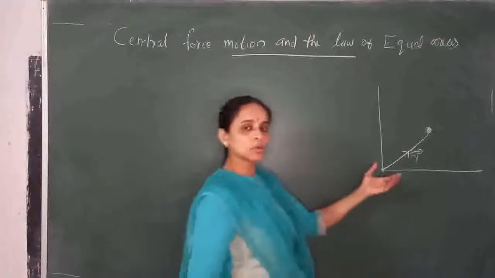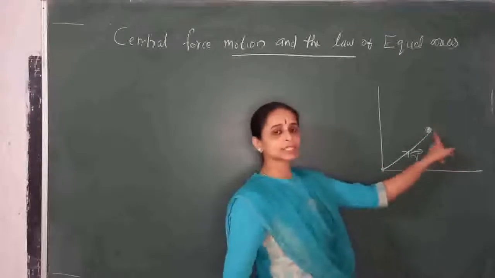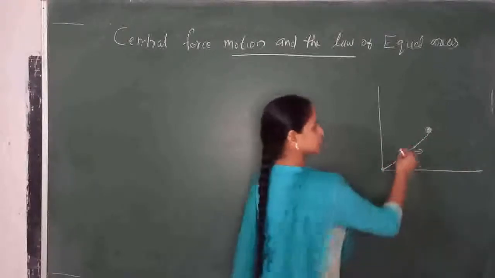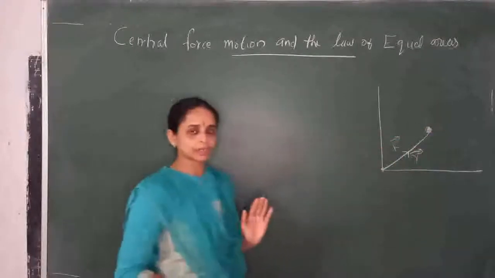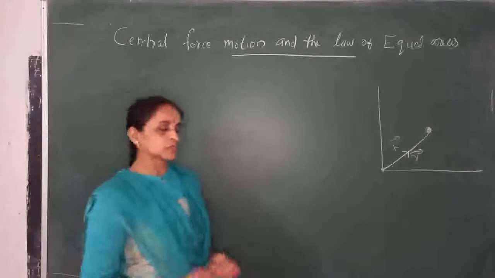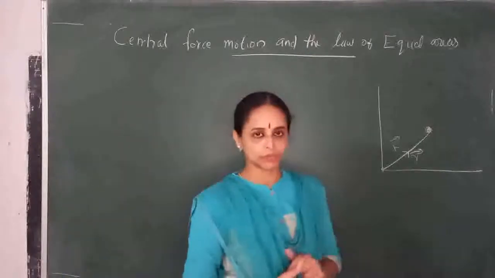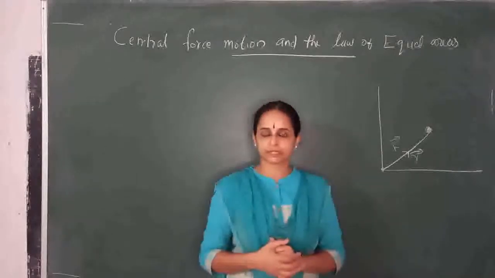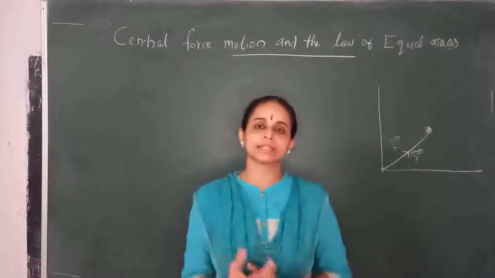It is a force directed along the line joining the object and the origin. So the force is also acting along the same direction, and that is known as the central force. So we are now dealing with this type of force. Planetary motions are actually moving under a central force.